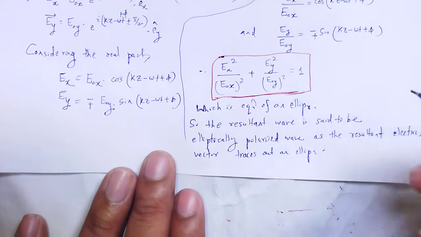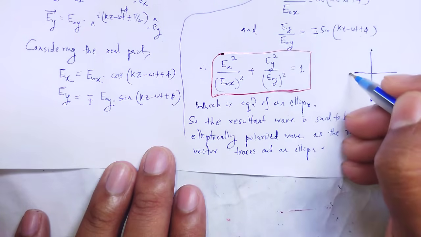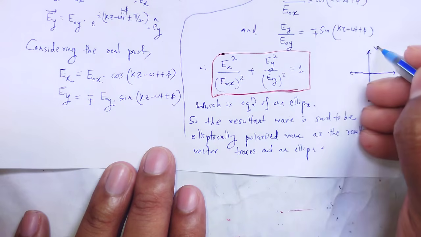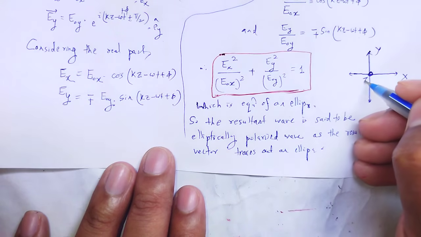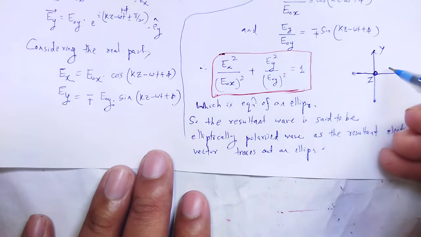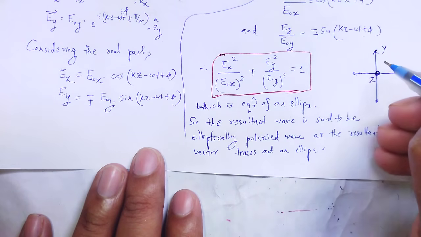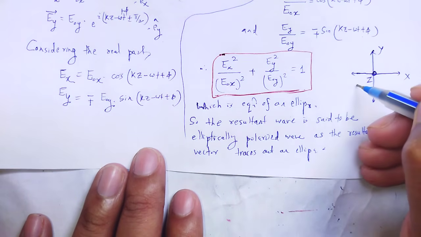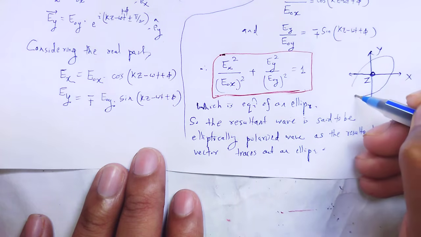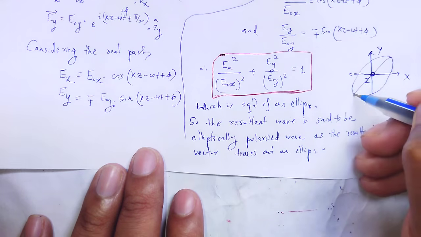How? Look here, if we plot it in a graph x, y, this is the propagation of electromagnetic wave in the z direction, and we show it with respect to time. So the amplitudes of the electric field vector gradually change with respect to time, and it is oriented by the phase difference of pi by 2.